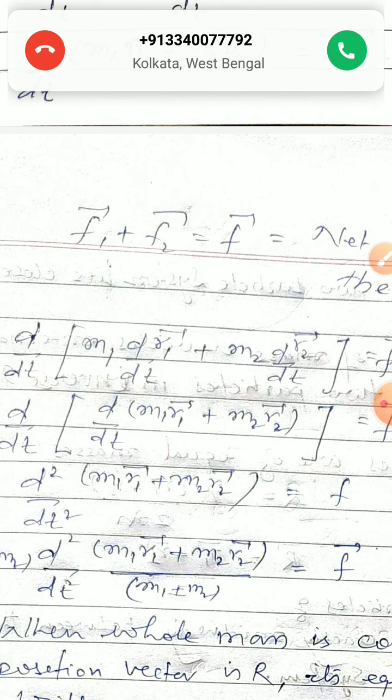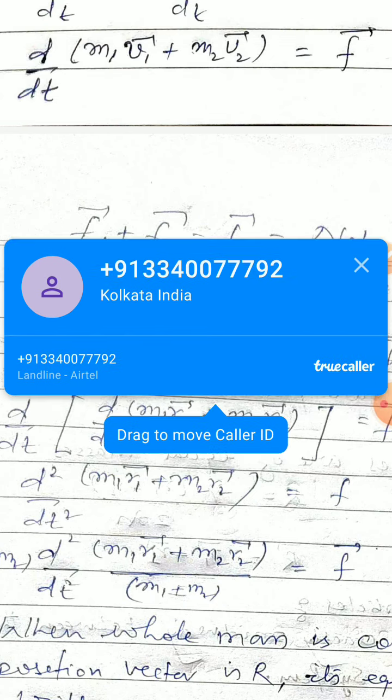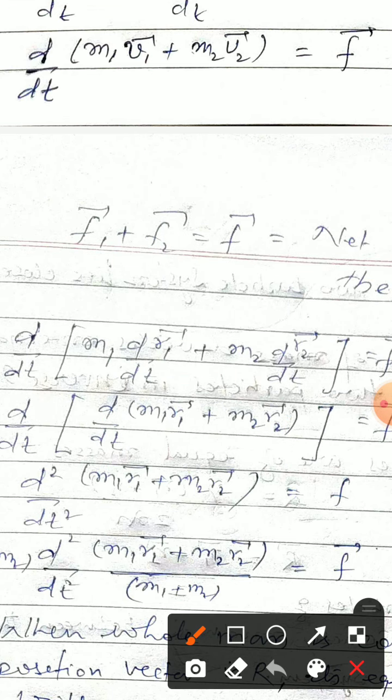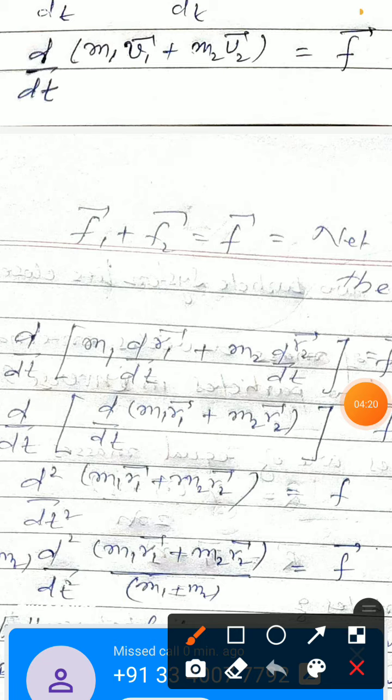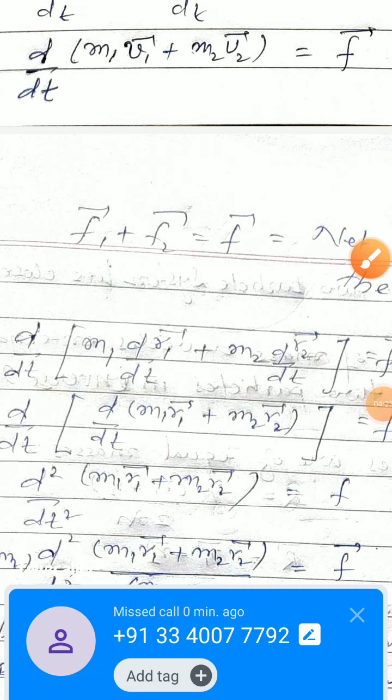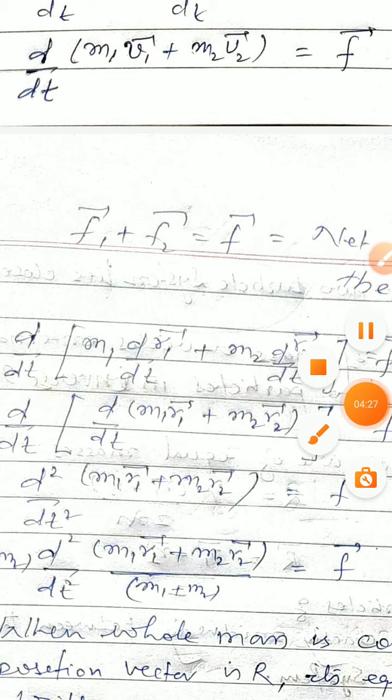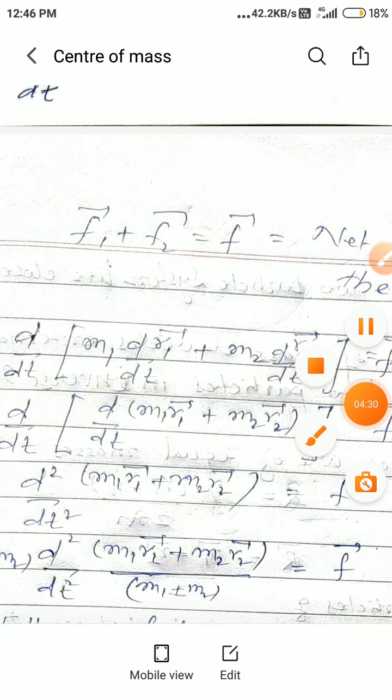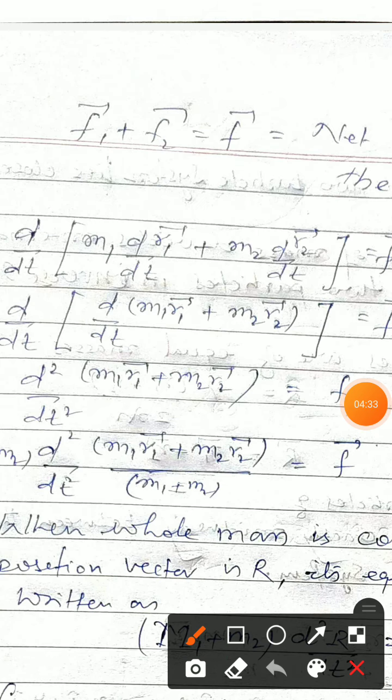As mass is a constant quantity, it can be taken inside the differentiation. d by dt of m1 r1 and m1 d by dt r1 both are the same. So we can write up to here.